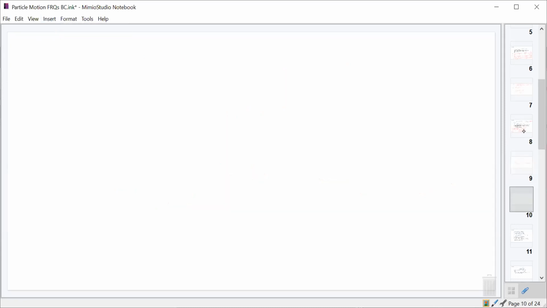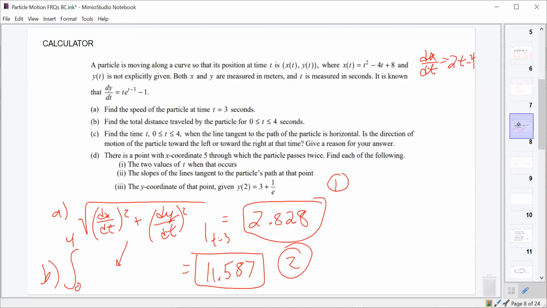And the last part here, part D, has 3 different parts. There's a point with an x-coordinate of 5 through which the particle passes twice. So find each of the following, the 2 values of t when that occurs. So how do we figure out when the particle has an x-coordinate of 5?